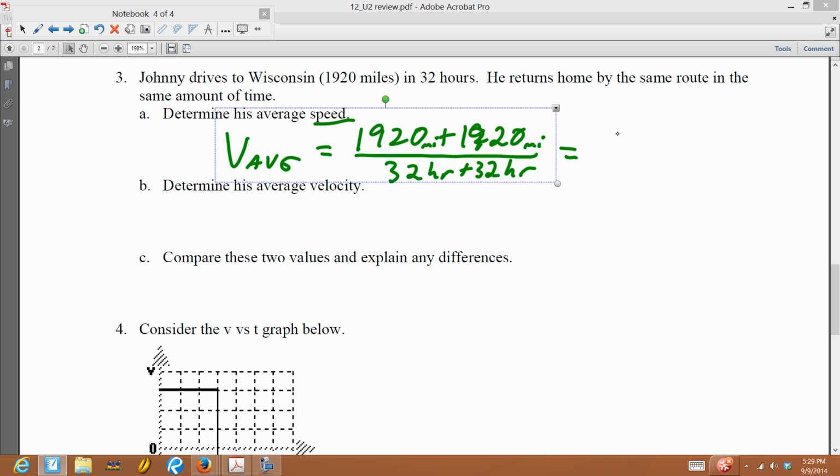So the total distance would be 3,840 miles. I'm doing this in my head again, so forgive me if I make a math error. 64 hours. And I don't know offhand how many hours that is.